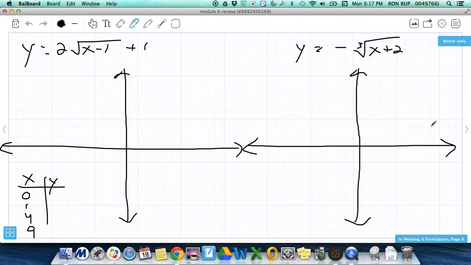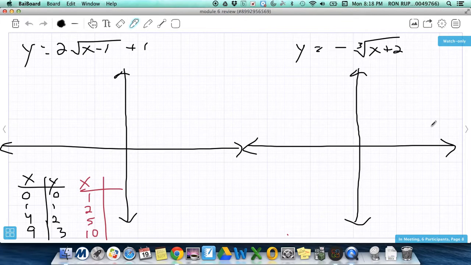That's my parent function for my square root. I'm going to take my x values and I'm going to add 1 to all of them because that -1 means they all go to the right. So it becomes 1, 2, 5, and 10. My y values, I'm going to multiply them by 2 and then add 1.